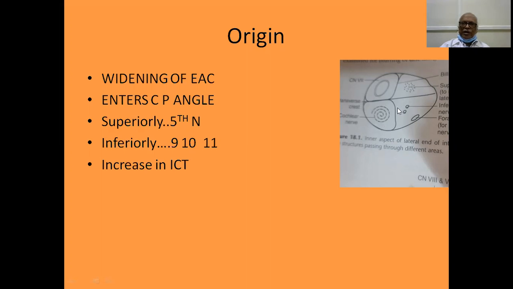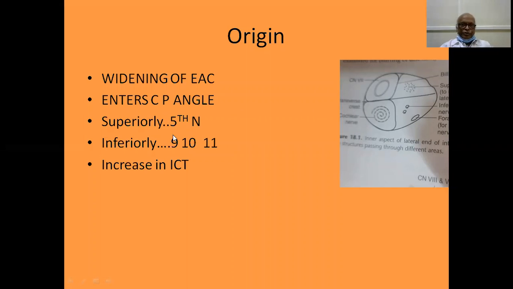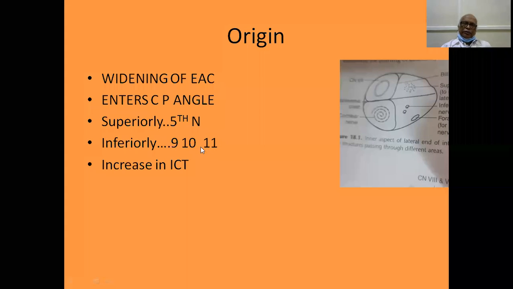So once the tumor enlarges in size, it will impinge on the fifth nerve and produce trigeminal symptoms. In the same way, if the tumor increases in size and extends inferiorly, then it will involve the ninth nerve, that is the glossopharyngeal nerve, the vagus nerve, and the 11th nerve, that is the accessory nerve.